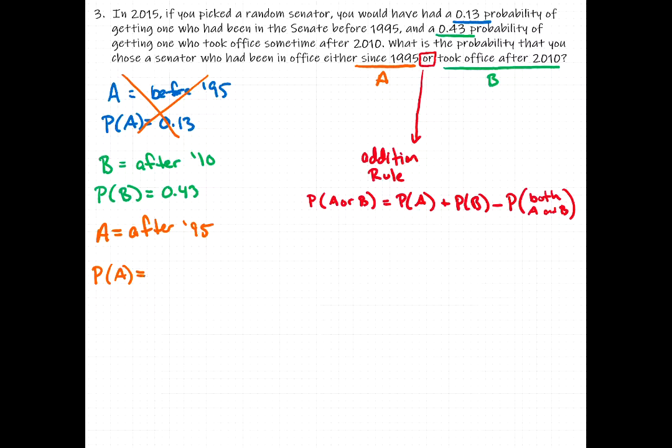Well, let's look at this visually. Let's look at the timeline. So there's 1995, and I used blue for that, and the probability that someone started before 1995 was 13% or 0.13. That's given in the problem. And then we have the year 2010, and the probability that someone started after 2010 is given in the problem.